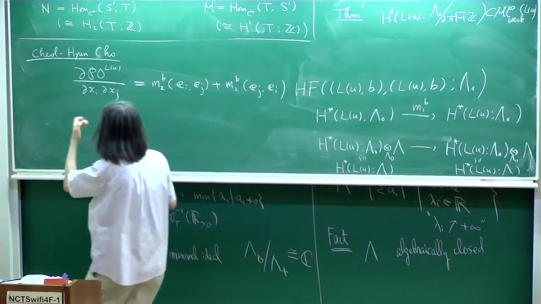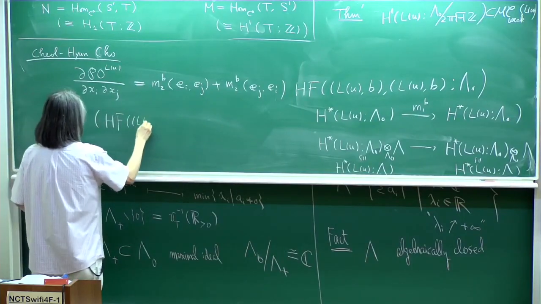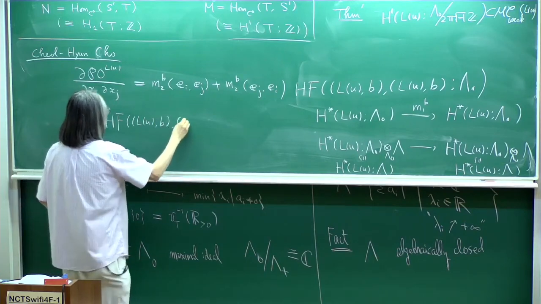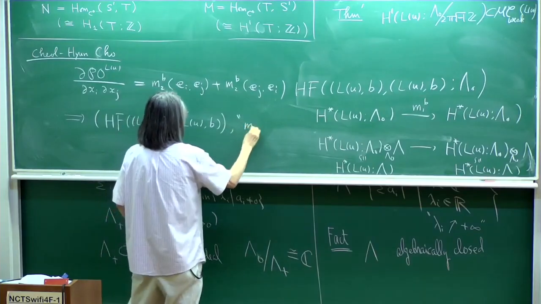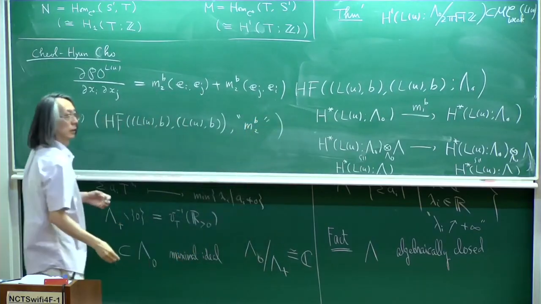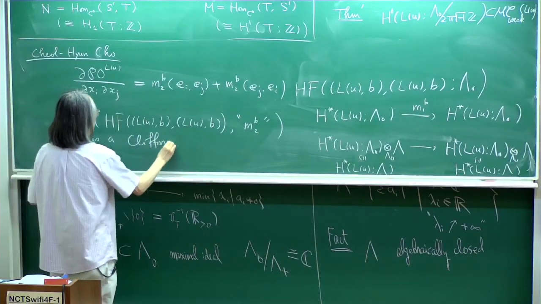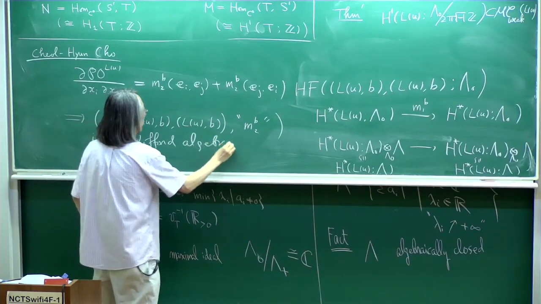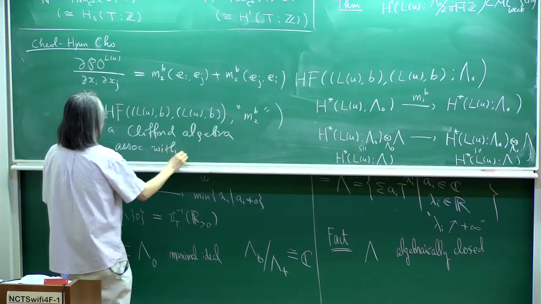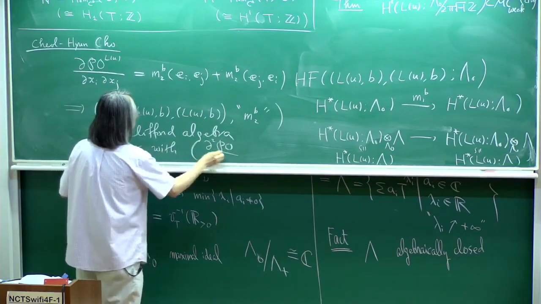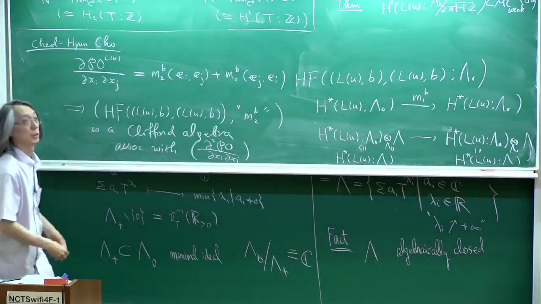So therefore you have this. From here, you may say that this Floer homology of this LUB with a product using these things is actually a Clifford algebra associated with the second derivative of the potential function.